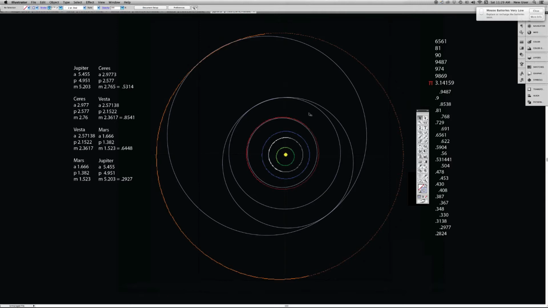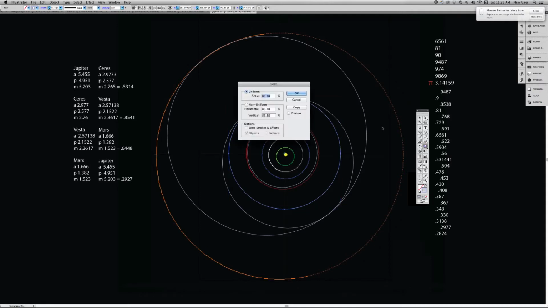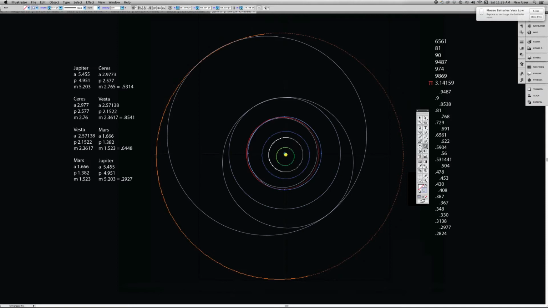Now, the 6561 reduction comes up just a little bit too big for Mars, and the difference between that one and the 2824 from Jupiter is 0.9487, but they're just measuring circles, so I'll just take those off.